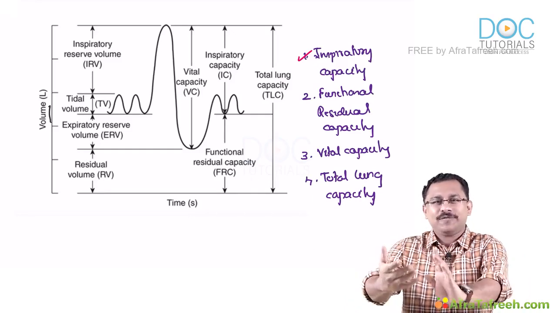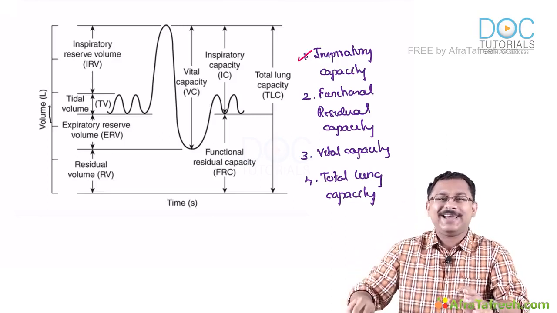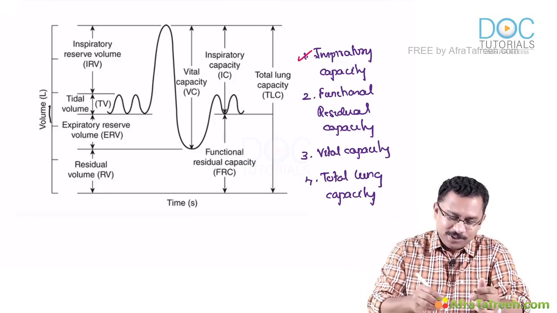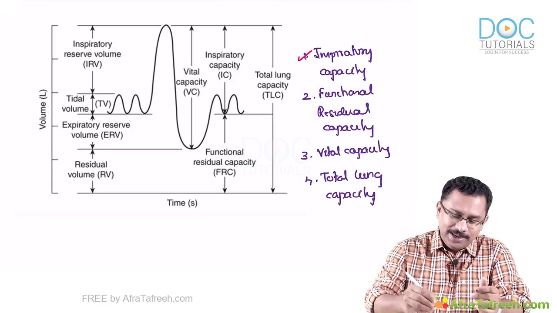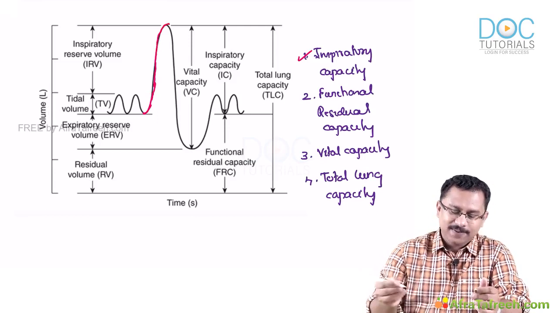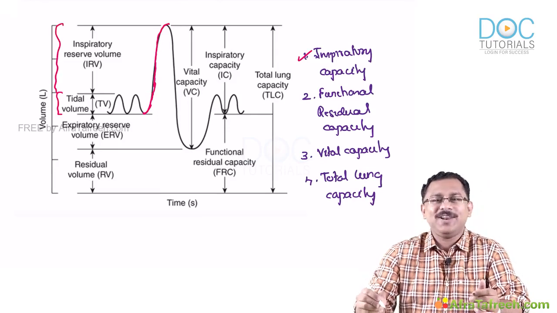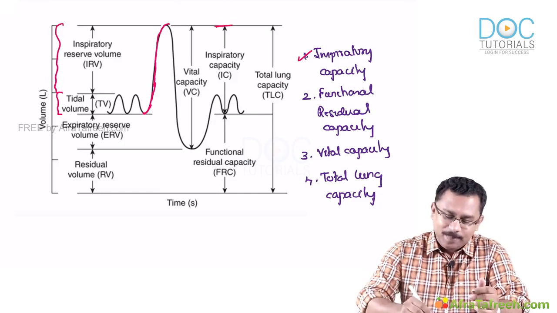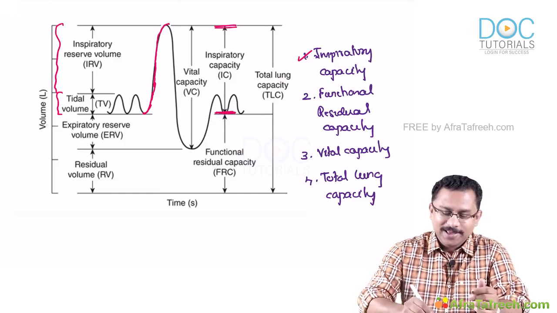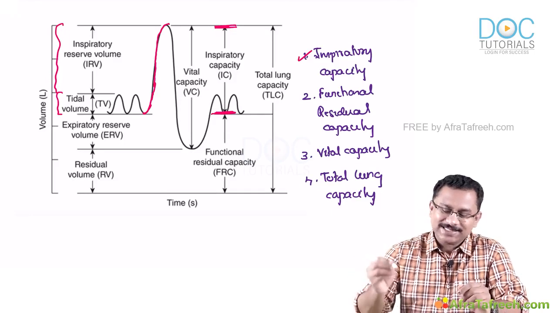So you are going for a forceful inspiration, and what is the maximum amount of air that can be breathed in, which means this will always be a combination. You see here, the tidal volume is there and also the IRV is there. So the tidal volume plus inspiratory reserve volume will be your inspiratory capacity. Very clear? All right, so that is clear.